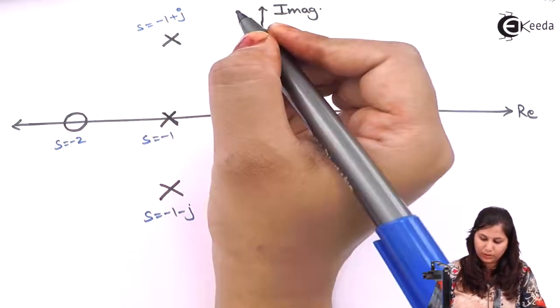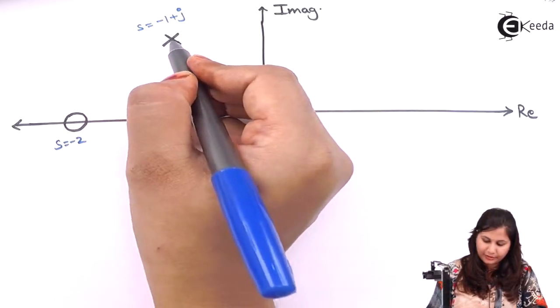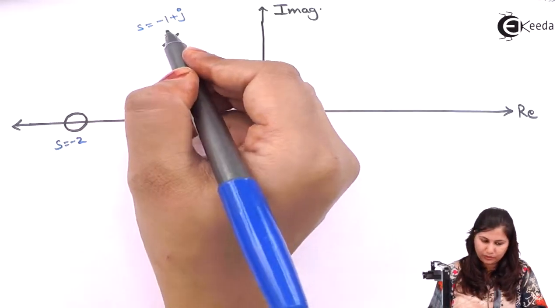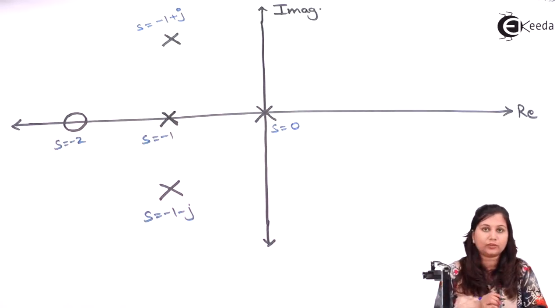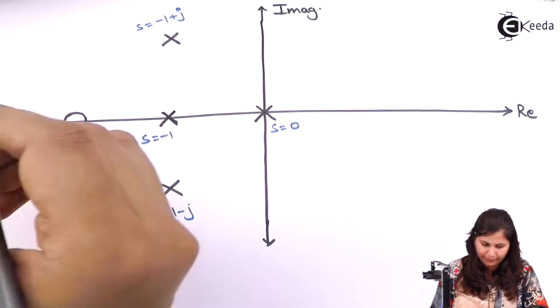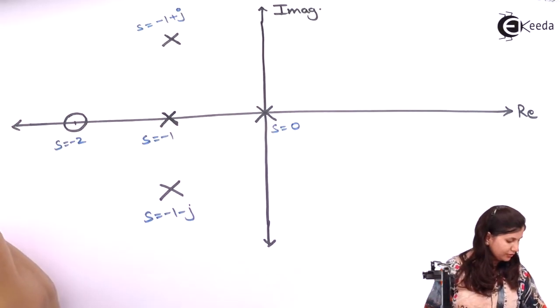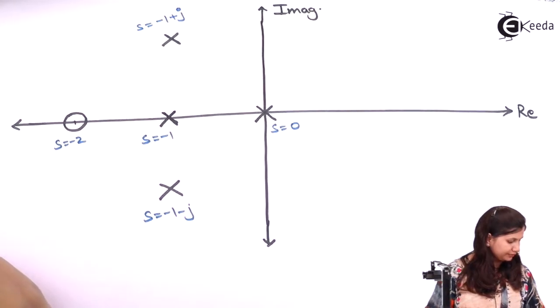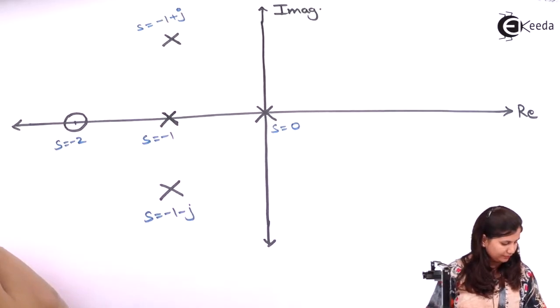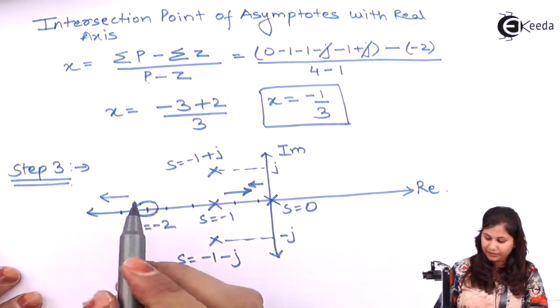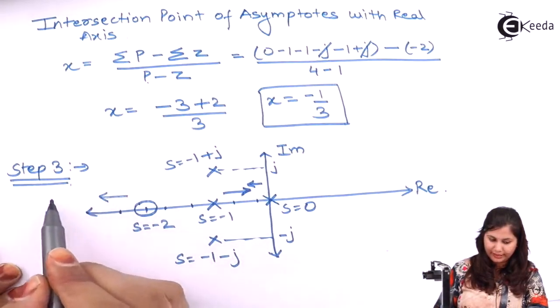Now for this pole, the direction of the root locus will be starting from this pole and terminating towards k equals to infinity. And for this zero, we have obtained the directions earlier also. For this zero, we had the direction of root locus towards infinity.